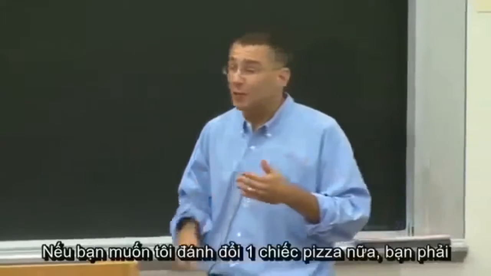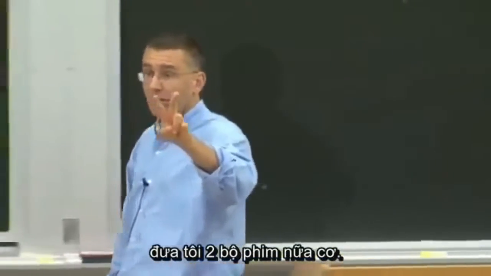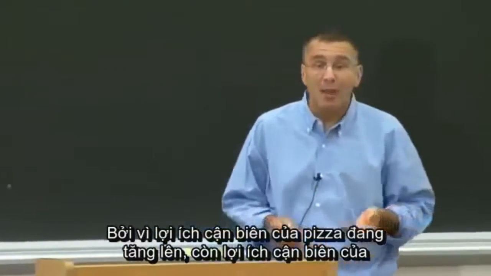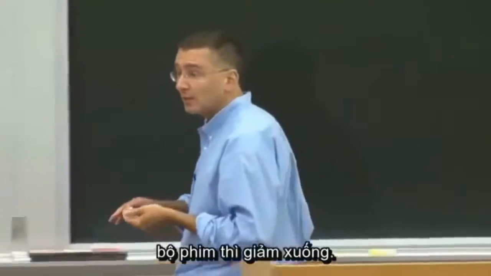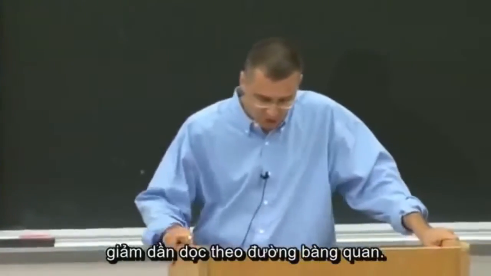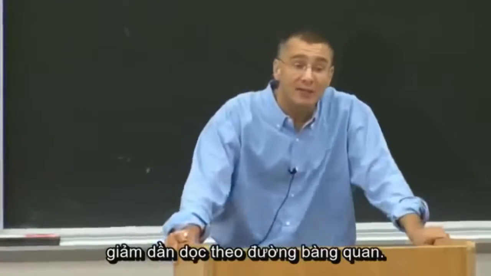So then you say, wait a second, if you want me to give up another pizza, you've got to give me 2 movies. Because my marginal utility of pizzas is rising. My marginal utility of movies is falling. And that's why the marginal rate of substitution diminishes along the indifference curve.